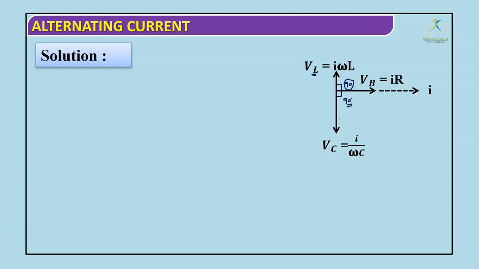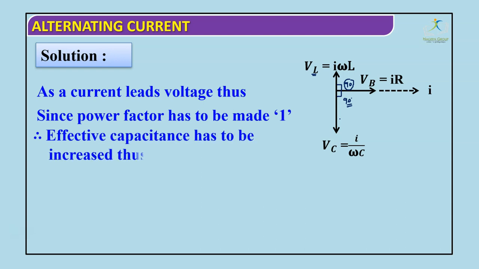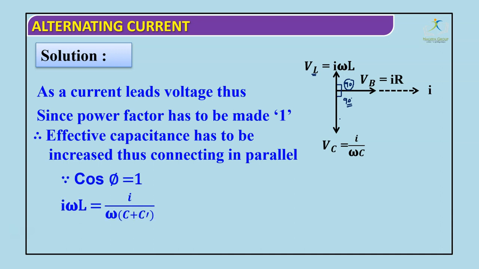As the current leads the voltage, and the power factor has to be made 1, the effective capacitance has to be decreased. Thus it is connected in parallel. That means cos phi equals 1 and I omega L equals I by omega (C plus C prime).